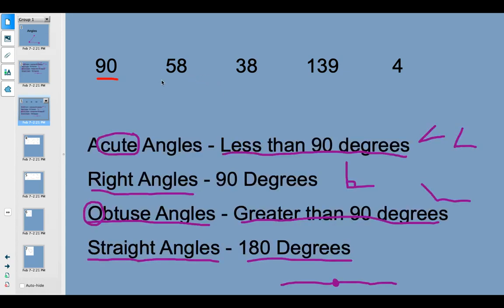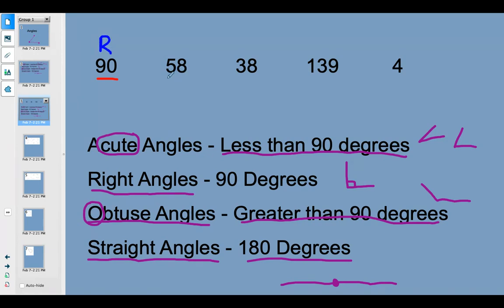Move my notes over to help us a little bit. So 90 degrees would be an angle that is a right angle. The reason that I know this is because a right angle is 90 degrees. So I'm going to label this with an R so I know that it represents a right angle.